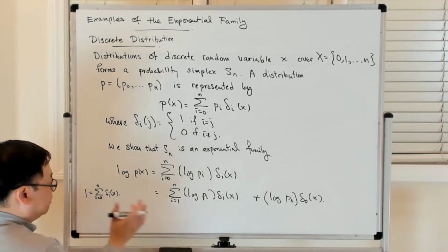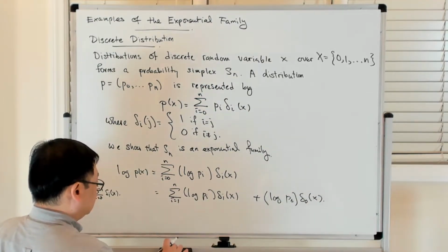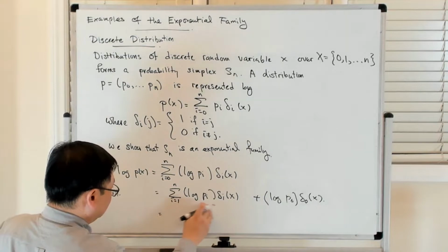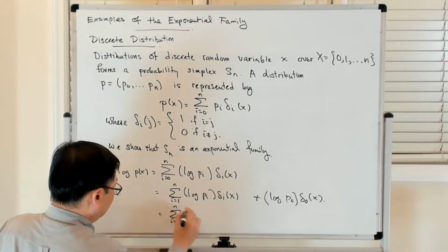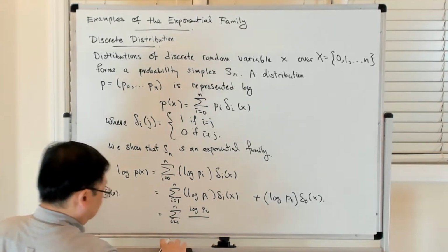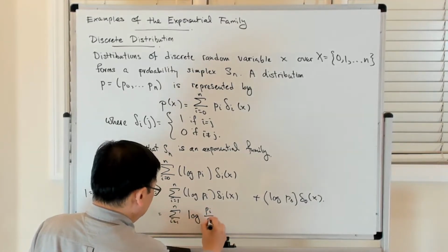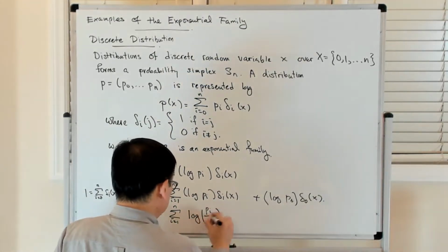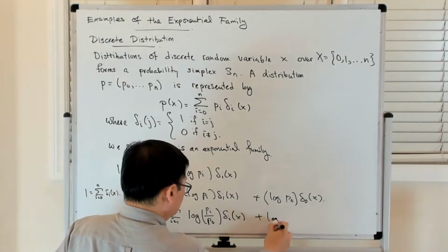So I can take this, multiply by log p0, and add it to this thing, and then subtract it off again. And then when I subtract these terms, I get the sum from i equals 1 to n of log pi divided by p0, times the Kronecker delta function, and then this term just becomes log p0.